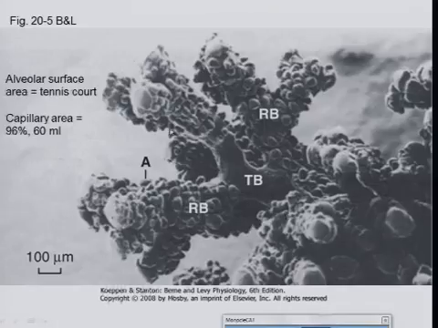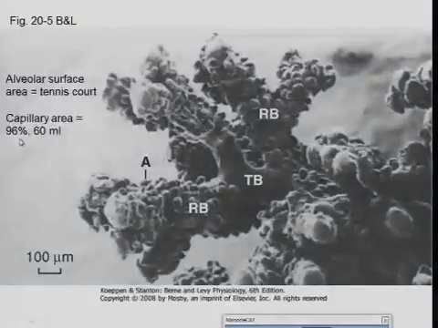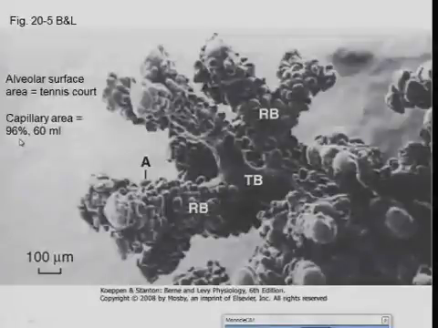So once again, here we are looking at a bigger picture, the terminal bronchiole, respiratory bronchioles, the alveolar surface. Once again, we say that's got a surface area size of a tennis court. And the other important thing to go along with that is the capillary blood vessels associated with the alveoli cover about 96% of that area.